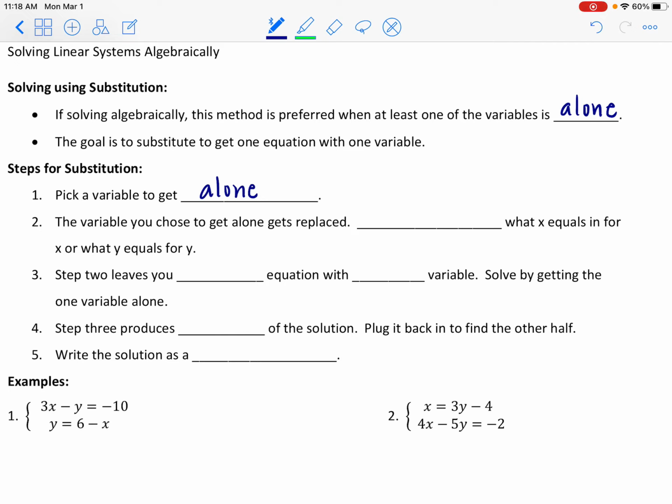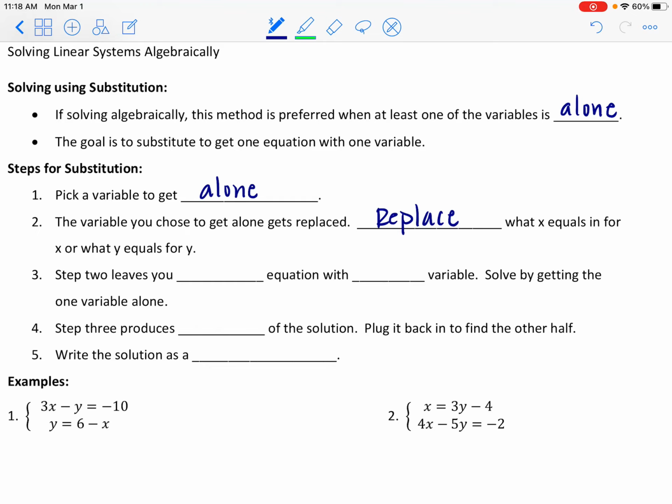So you're going to substitute, right? Replace x with whatever x equals, or you're going to replace y with whatever y equals. So the variable that you get alone is going to get replaced. And again, I'll show you this when we work through our examples, okay?